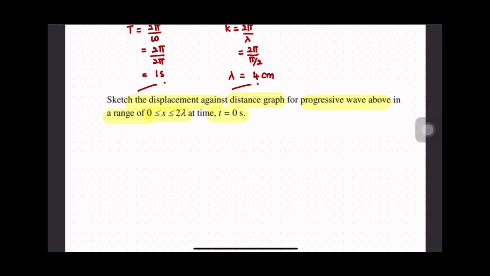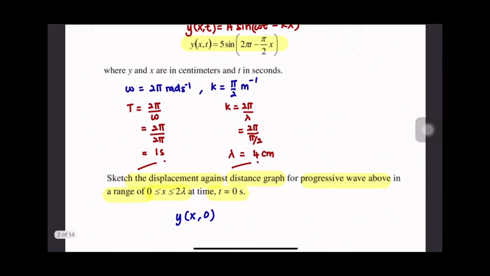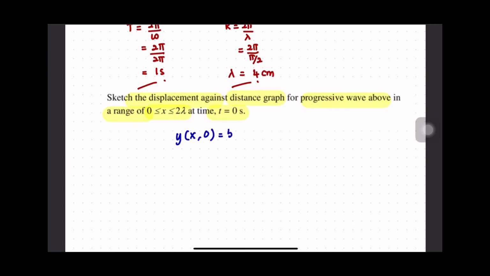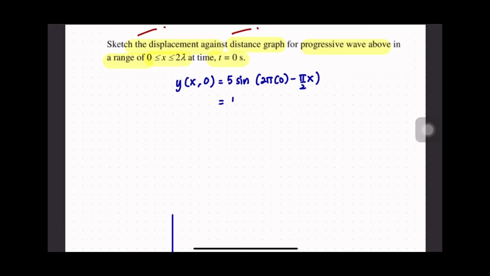So you take the equation above, y(x,t), and substitute the value t equal to 0, equal to 5 sin(2π times 0 − (π/2)x). Okay, so simplify this, we get 5 sin(2π·0) is equal to 0, negative π over 2 x.